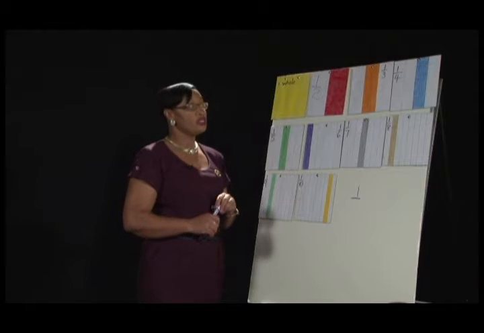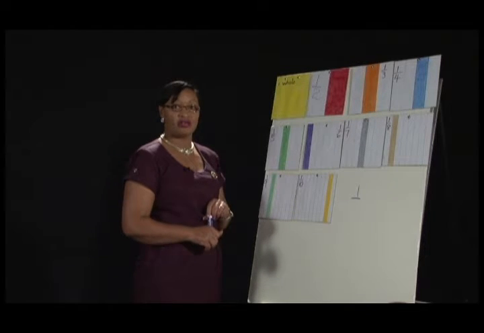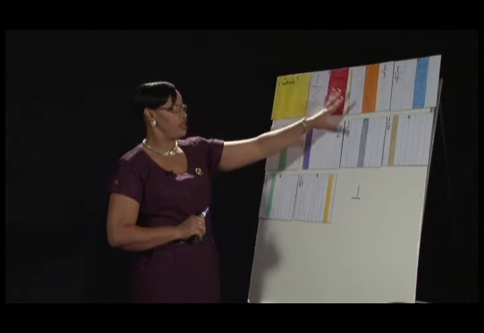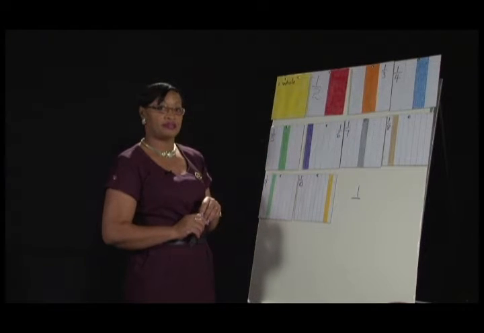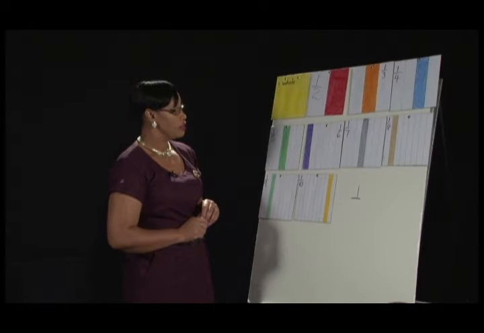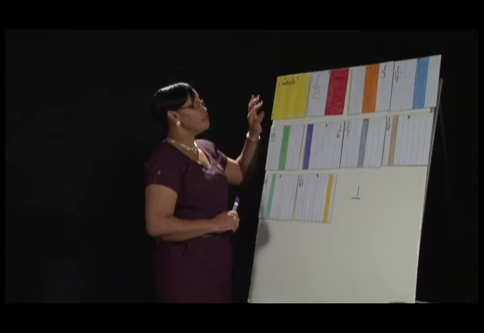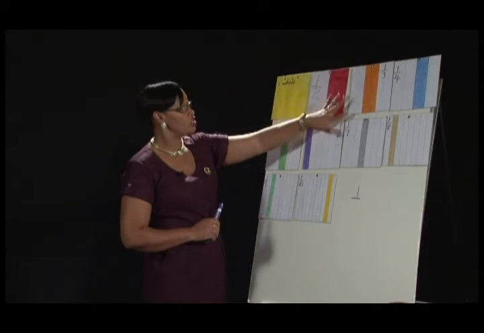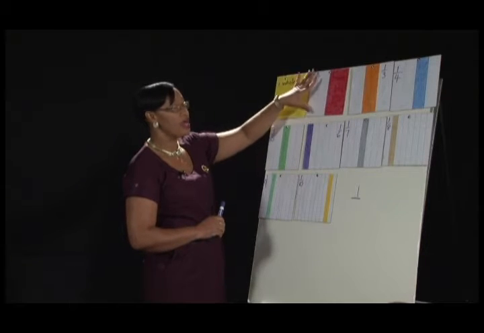Now, boys and girls, I want you to look closely at these fractions, and you're going to help me decide which of the fractions here is the largest. Let's look at them. Apart from the whole that is here, the largest fraction is the half.